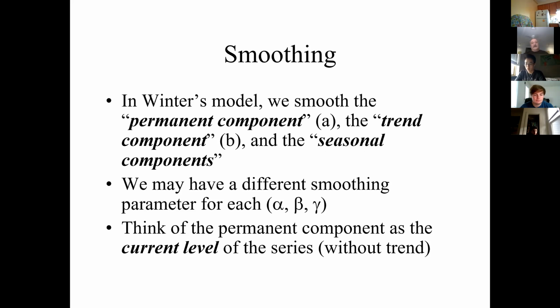We're going to keep track of each one of these and update them every time we get a new data point. We're going to update them the same way we did before, by smoothing: alpha times the most recent data point plus 1 minus alpha times the previous estimate. We can have different alpha, beta, and gamma for each of the components, or they could all be the same. It doesn't matter.